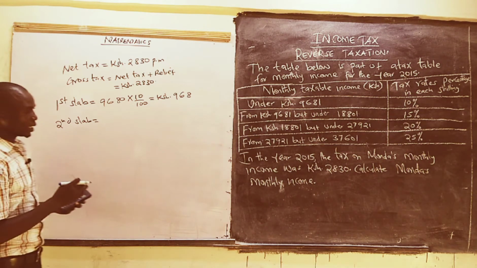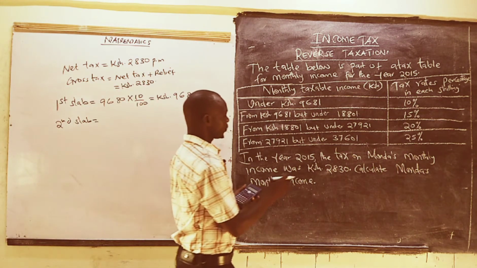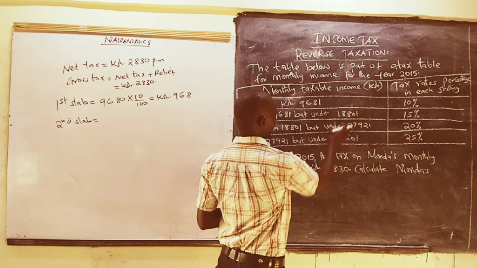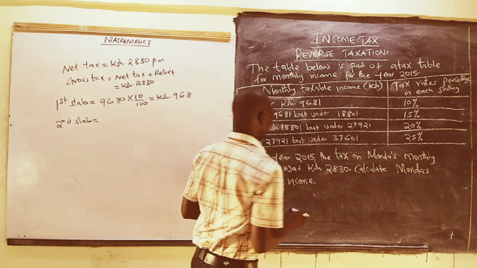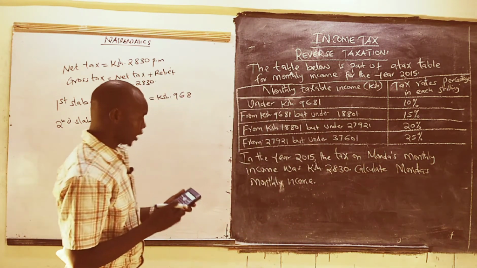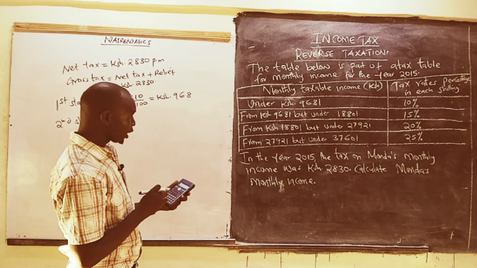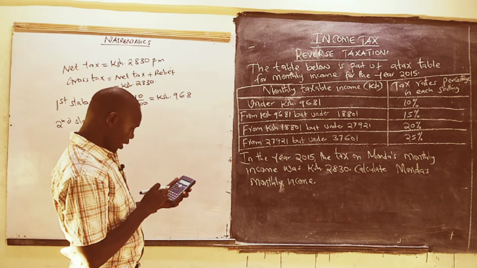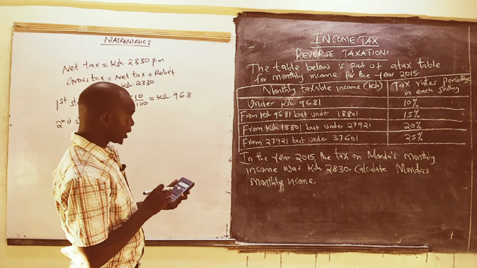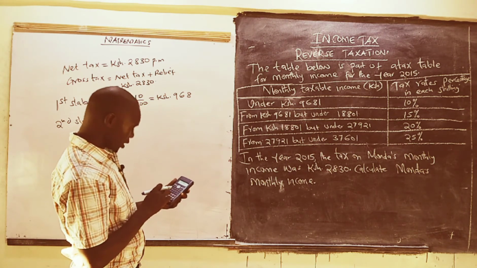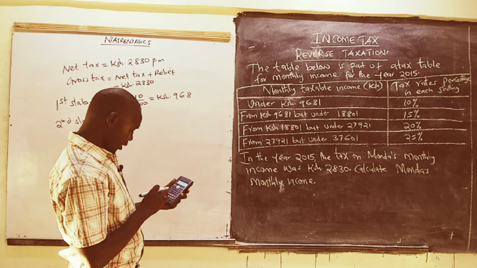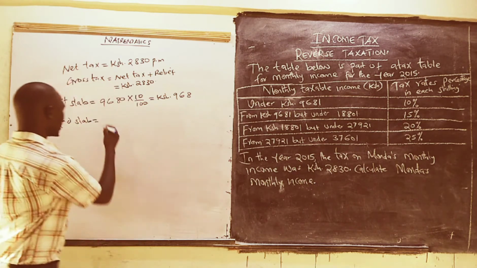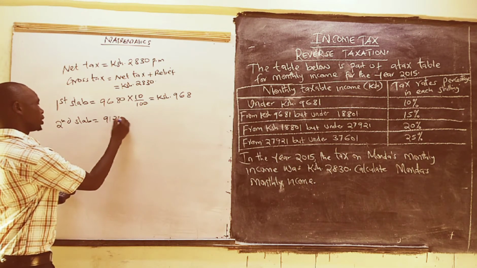So in our second slab, we know we are supposed to take 18801 minus 9681. 18801 minus 9681 is going to give us 9120.